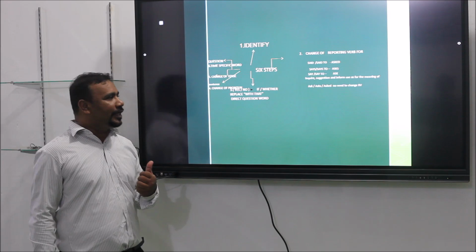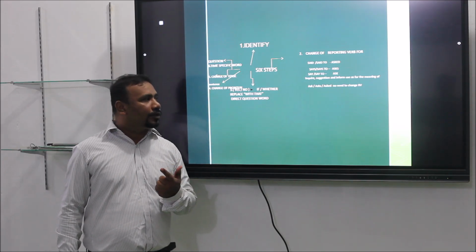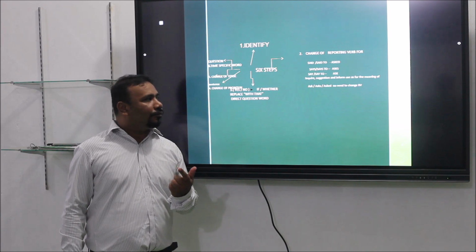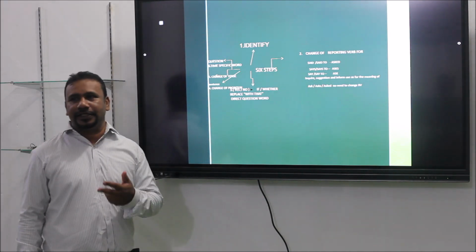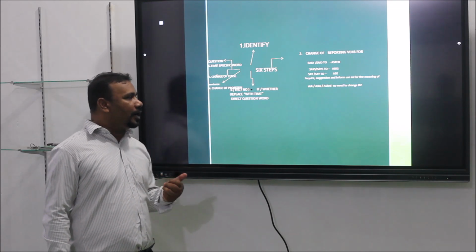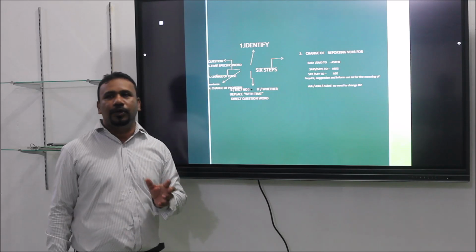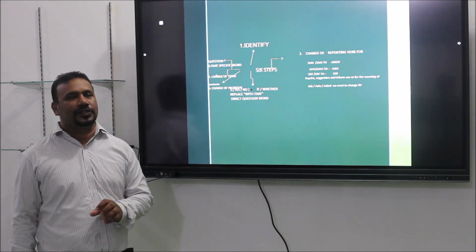And also we have to see inquired, suggested and informed. We have to use those for the certain meaning of the sentence. At the same time, ask, asks, ask: no need to change the reporting verb. We can use it as it is.